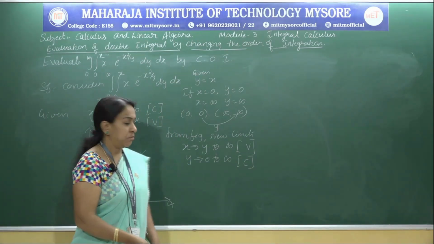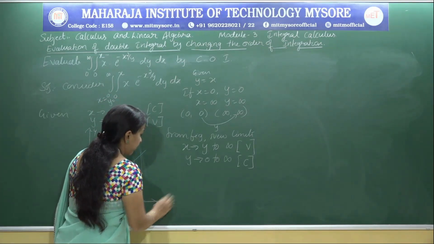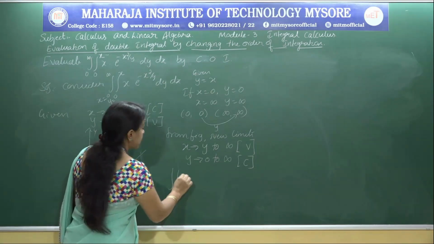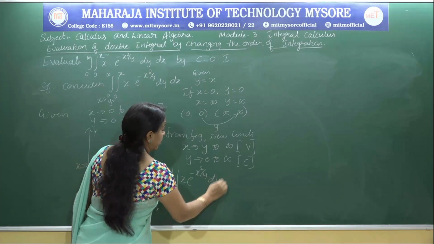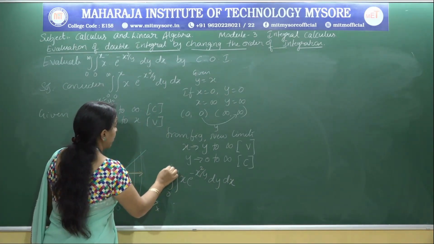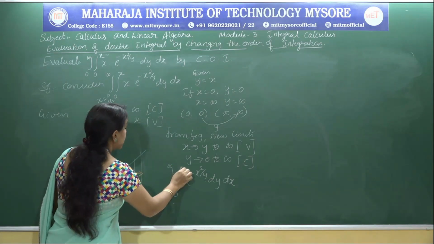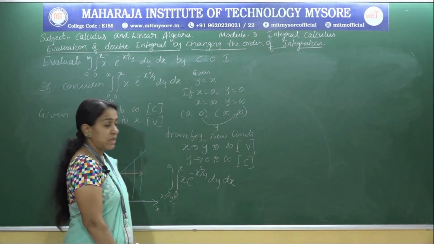Now consider the given double integral: double integral of x into e power minus x square by y, dy dx, between the limits 0 to infinity and 0 to x, where x varies from 0 to infinity and the y limit is 0 to x.